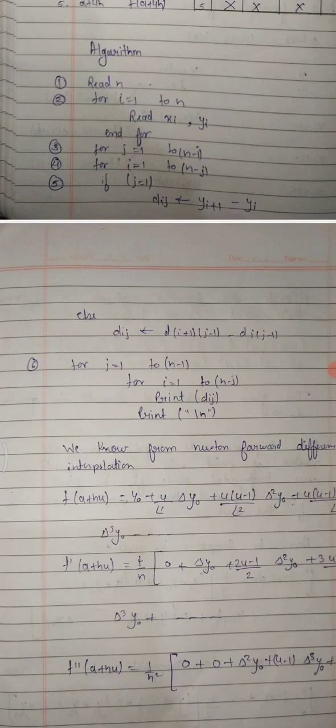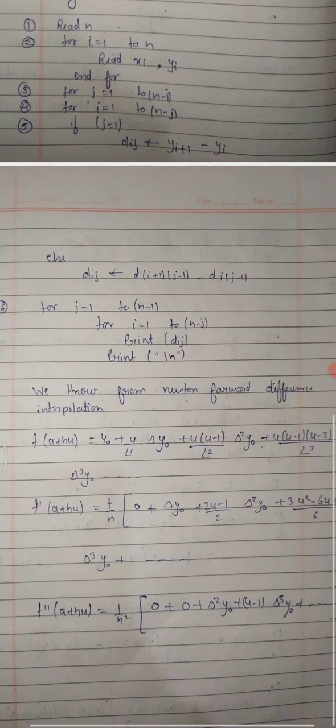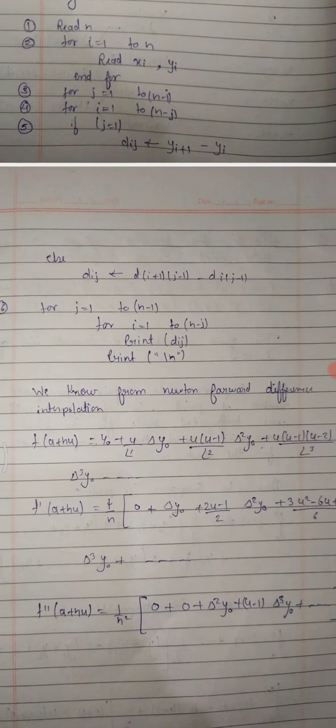We know from Newton forward difference interpolation that f of a plus hu equals y naught plus u divided by factorial 1 delta y naught plus u into u minus 1 divided by factorial 2 delta square y naught plus u into u minus 1 into u minus 2 divided by factorial 3 and so on.